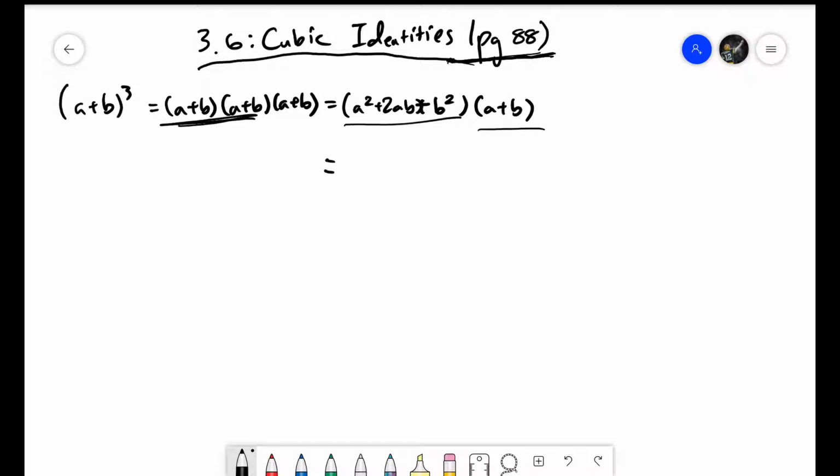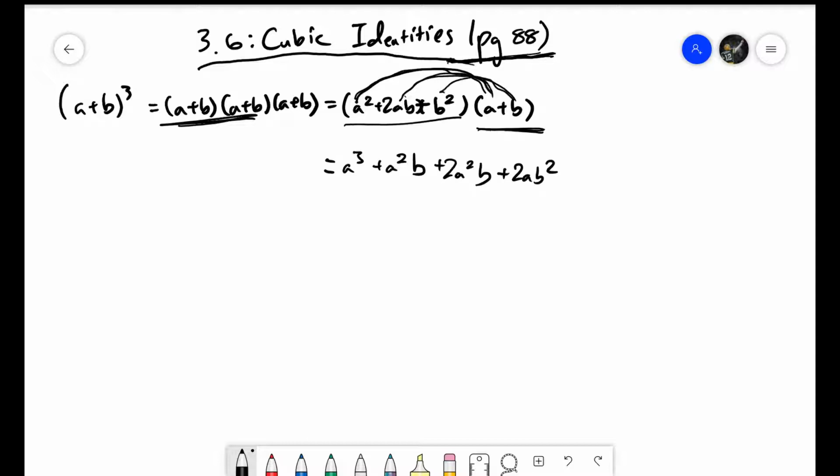So what you do is you first multiply this term by every term here, then you multiply this term by every term here, and then you multiply the last term by every term here. So multiplying a squared and a gives a cubed. Multiplying a squared and b gives a squared b. Multiplying 2ab times a gives 2a squared b. 2ab times b is 2ab squared.